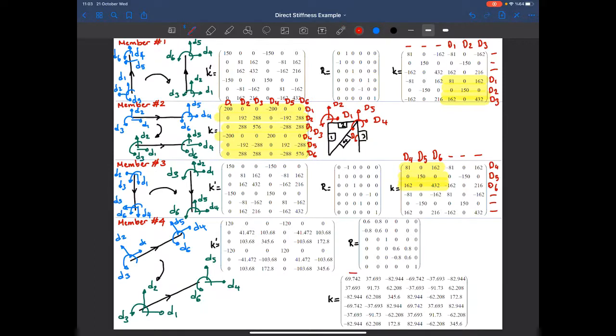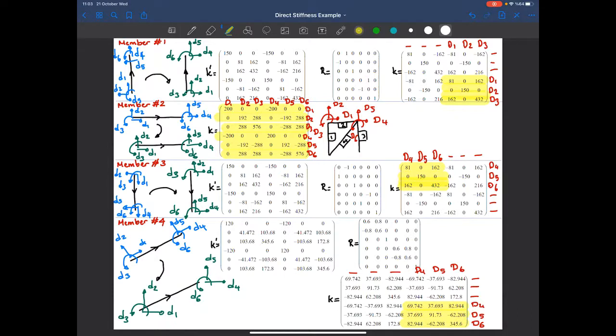So I don't have any contribution. 1, 2, 3. This is D4, D5, and D6. Nothing, nothing, nothing. D4, D5, and D6. So from the fourth member, these are the contribution.